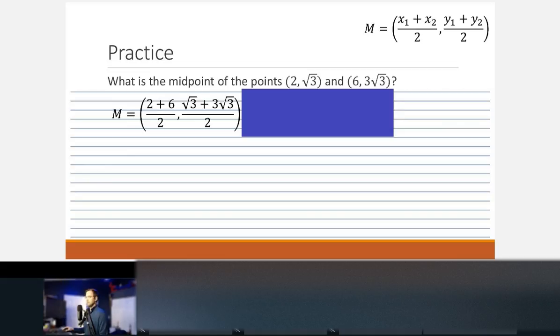All right. Good. Good, everyone. All right, and then our next step, what did everyone get for the X piece? What is the X piece going to be? It's going to be 4, because 2 plus 6 is 8, and then 8 divided by 2 is 4. So that was the easy one.